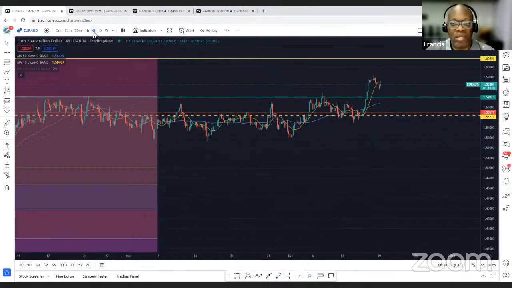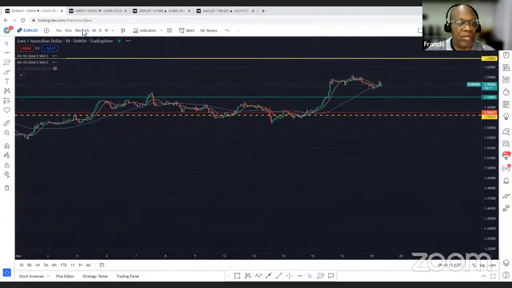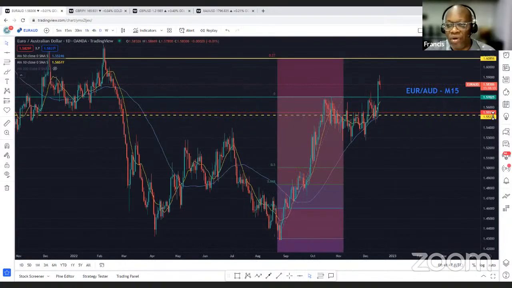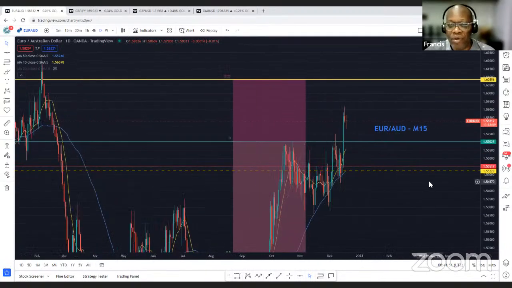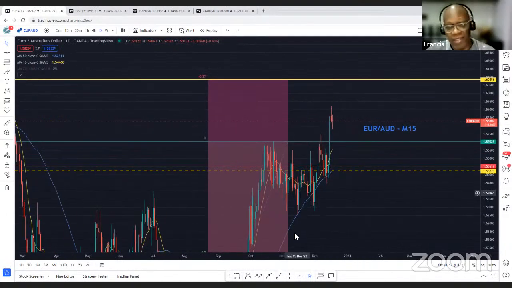Today is still Monday, so we might not get so much opportunity today. However, it's good to know how many pips it has moved already. With Euro Aussie dollar, it usually moves as much as 150 pips in a day, which is decent.